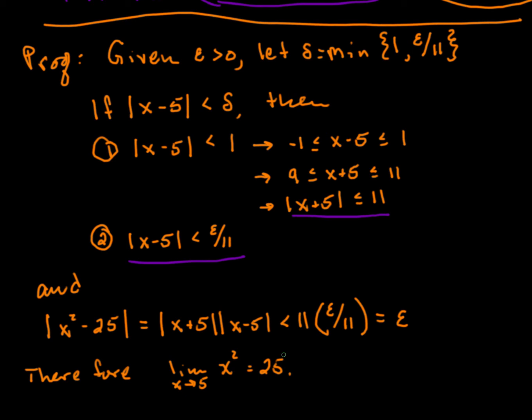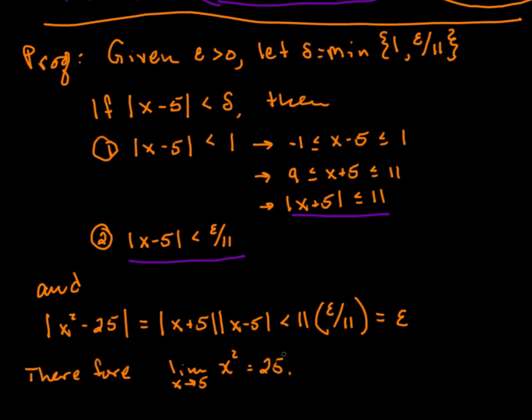So let's do one more example. Let's prove that the limit as x approaches 25 of (x² − 625)/(x − 25) is equal to 50.